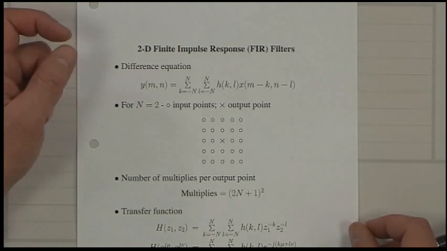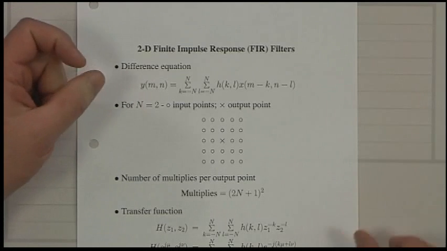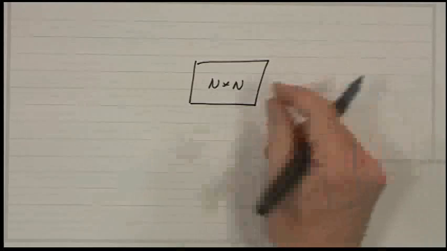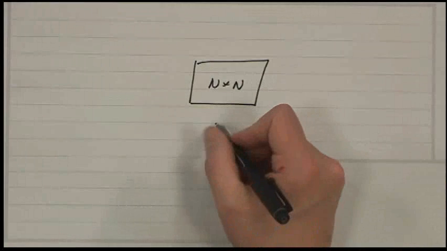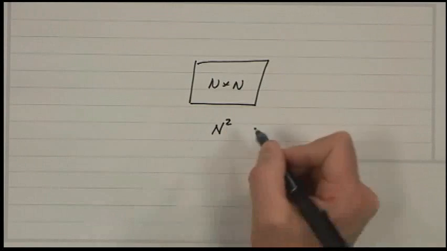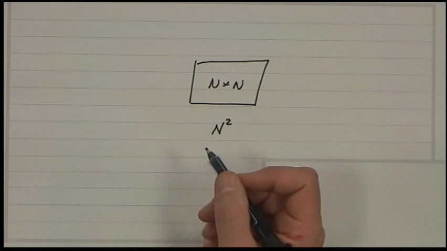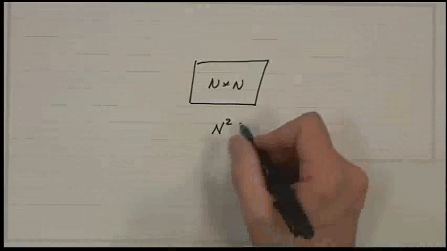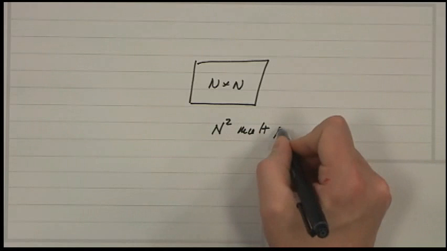The difficulty with FIR is that it tends to require a lot of computation, because let's say you have an n by n window for computing the output for each pixel. Then the amount of computation per pixel is n squared, right? So this is n squared multiplies per pixel.